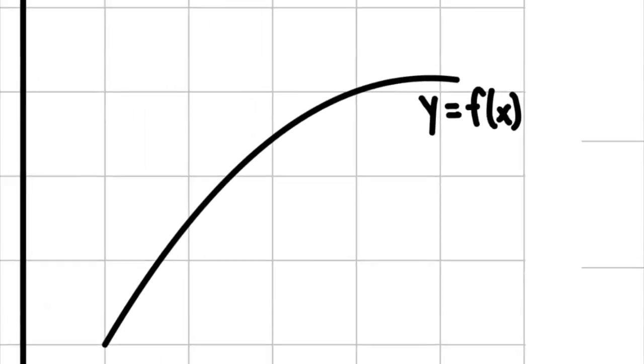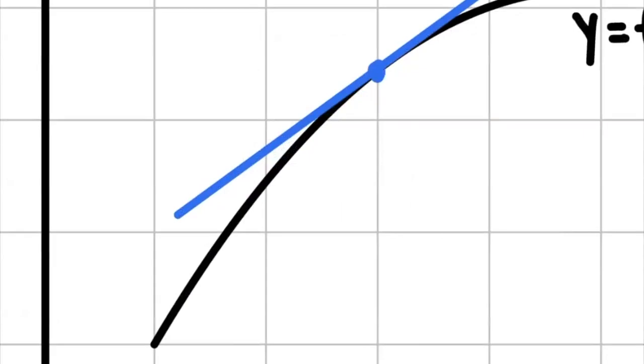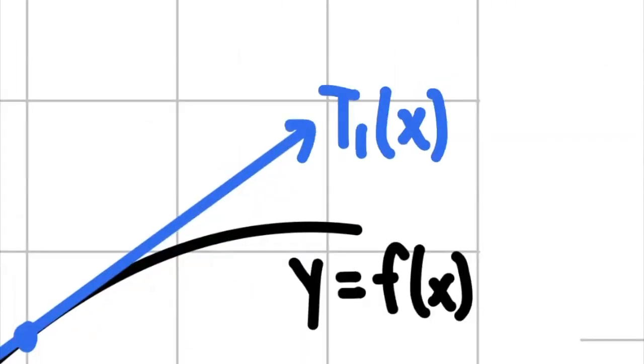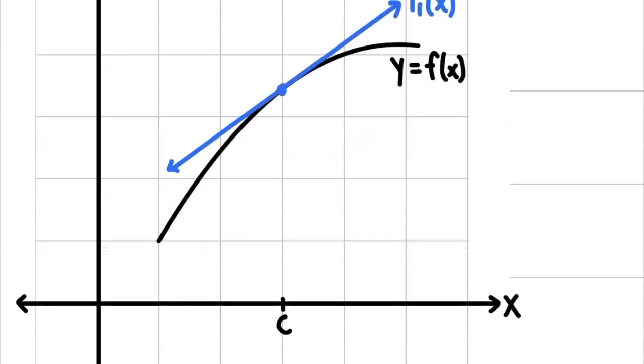Right here, I'm going to draw t sub 1 of x. So it looks like this. So this is t sub 1 of x. It's just the tangent line at x equals c. That's all t sub 1 of x is. It's just the equation of the tangent line at c.